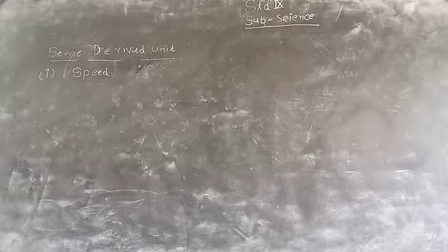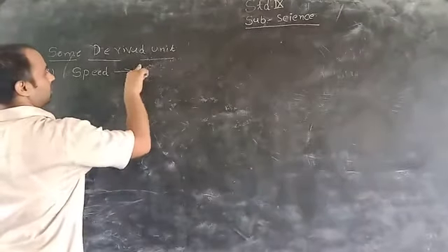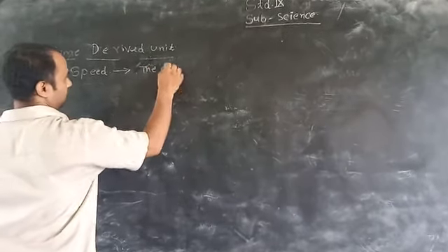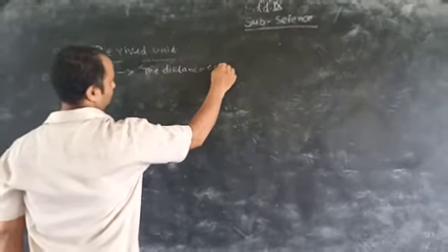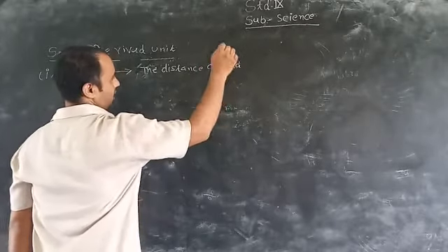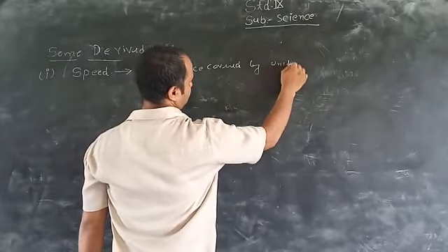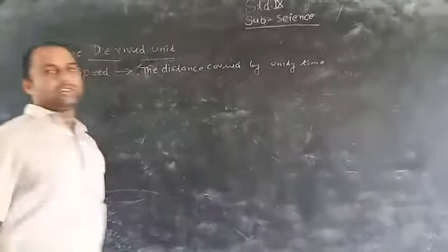It means, what is the definition here? Speed is the distance covered in unit time. That is called speed.